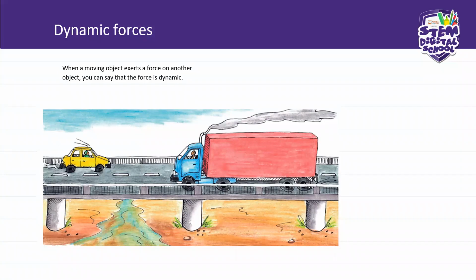Dynamic force is a force that is exerted by a moving object on a structure. Yes, ma'am. When a moving object exerts a force on another object, you can say the force is dynamic.